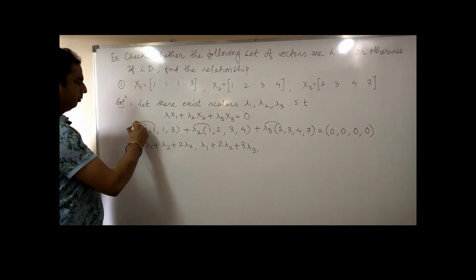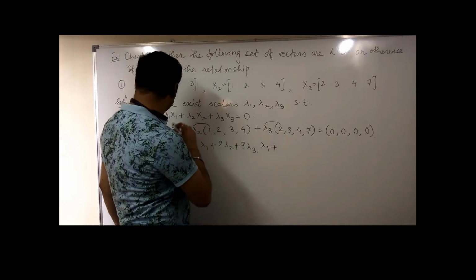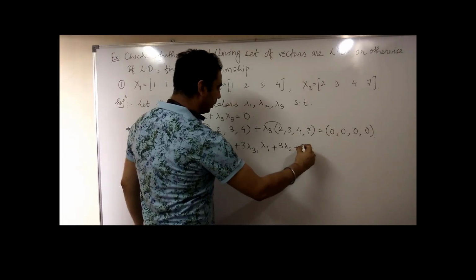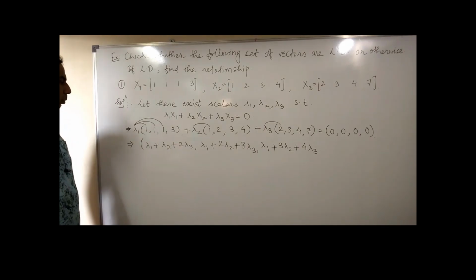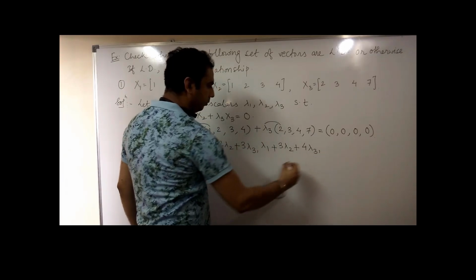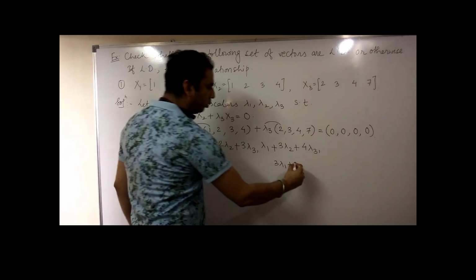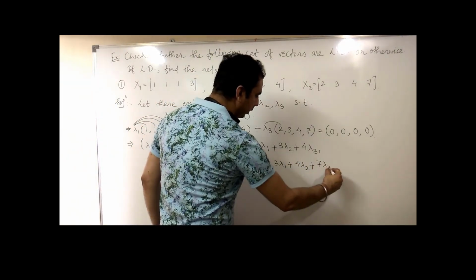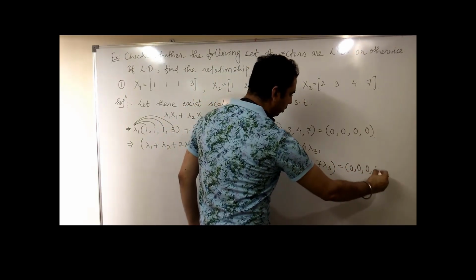Then lambda 1 plus 3 lambda 2 plus 4 lambda 3, and the last component will be 3 lambda 1 plus 4 lambda 2 plus 7 lambda 3, and this is equal to 0 0 0 0.